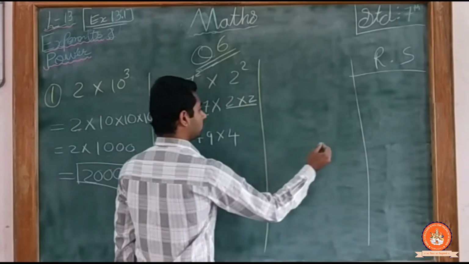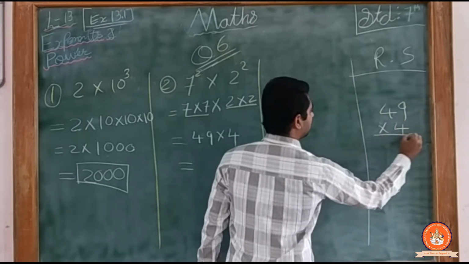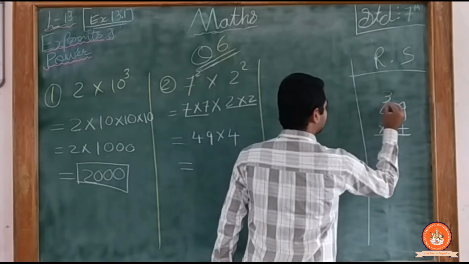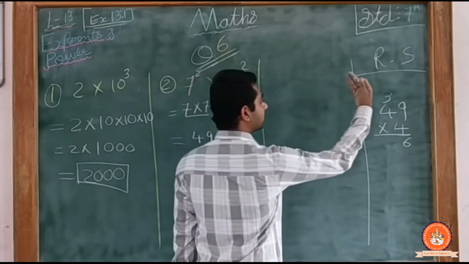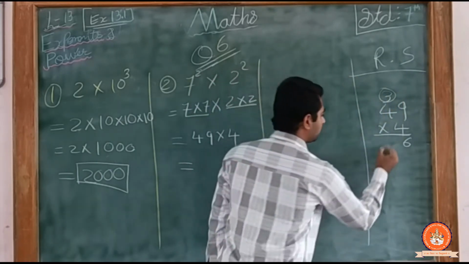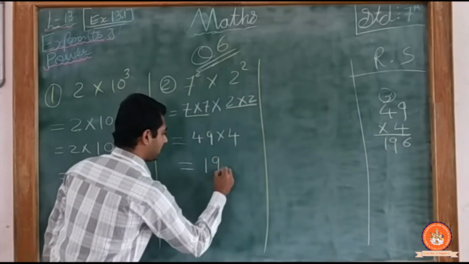So 49 4s are, 4 9s are, you already know, 36. 4 4s are 16. 16 plus 3, that is 17, 18 and 19. So my answer is 196. That means 196.